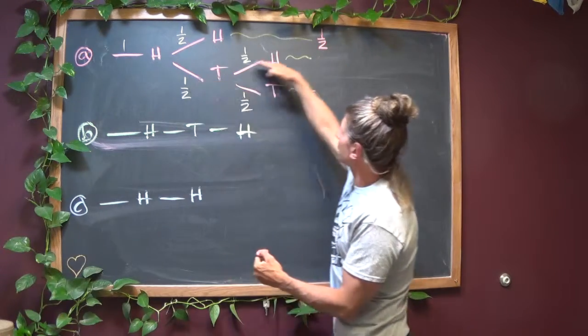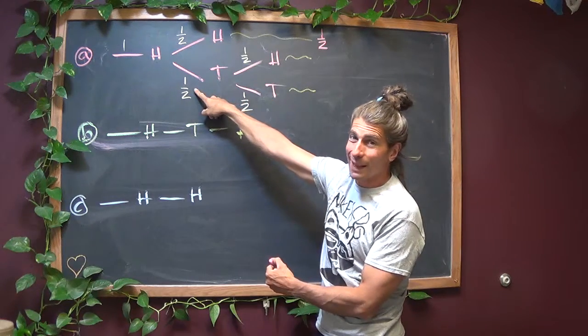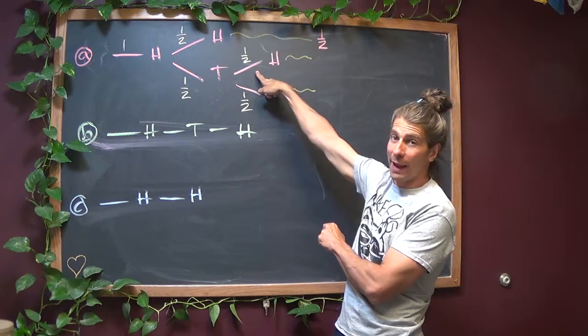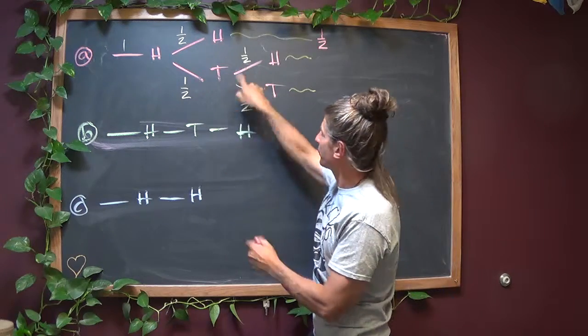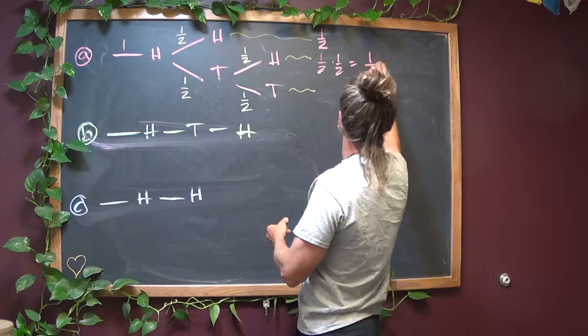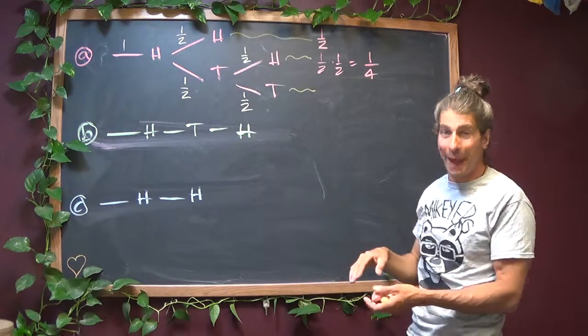For this particular game to play out, you have to first have the half likelihood of flipping tails and then have the half likelihood of flipping heads. And you know what and means? That's right, multiply. So you got half times a half, which is a quarter. So there's a quarter chance of that particular arrangement happening.